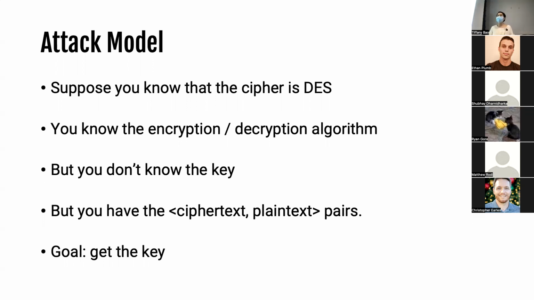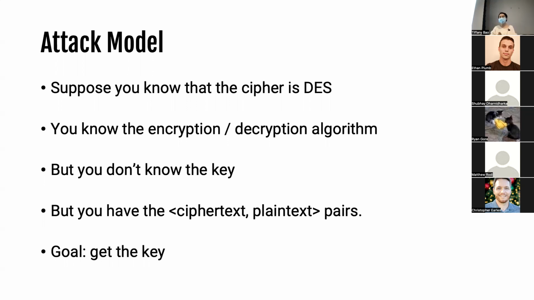And also the number of rounds and the way that they are sorted together, every piece of detail about the algorithm, okay? But you just don't know the key. You don't know the secret key that is used between the two parties. However, you have a lot of ciphertext and plain text pairs.